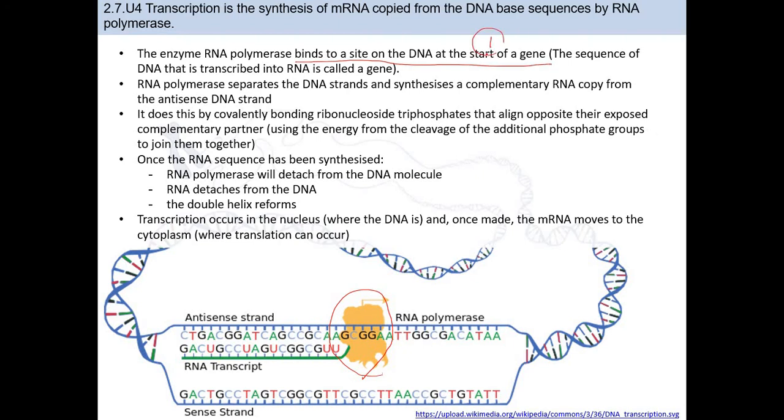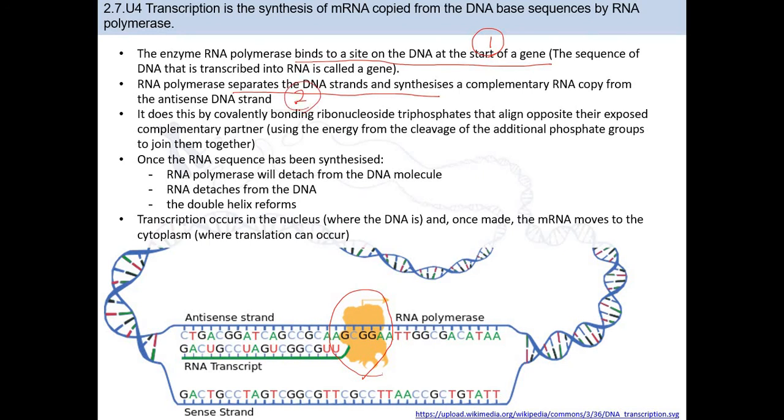So that's the first function, recognizing the place that needs to be transcribed. The second function is that RNA polymerase separates the DNA strands.